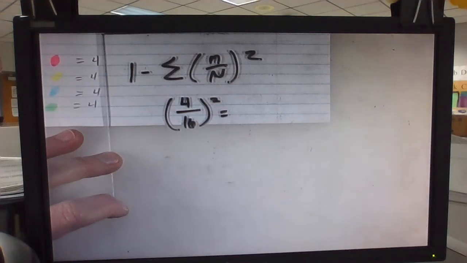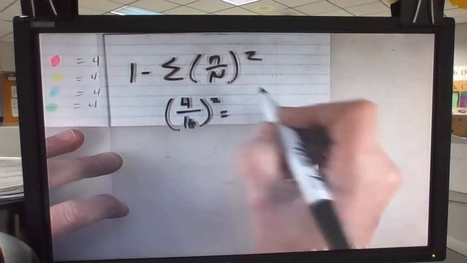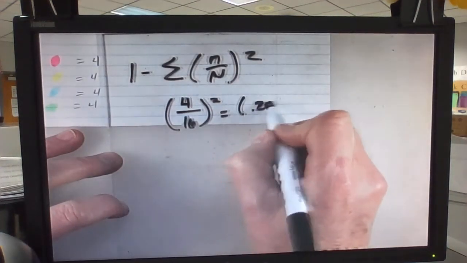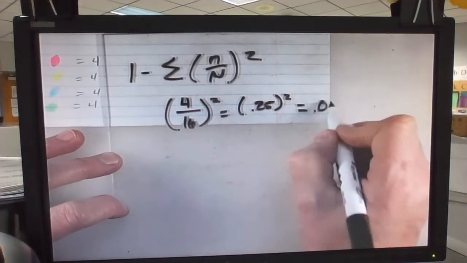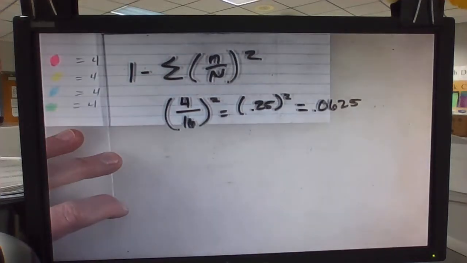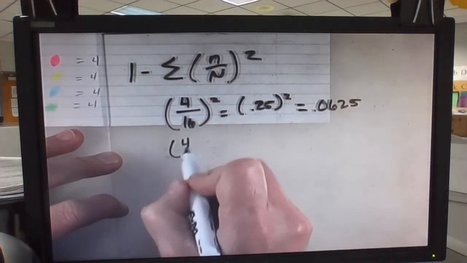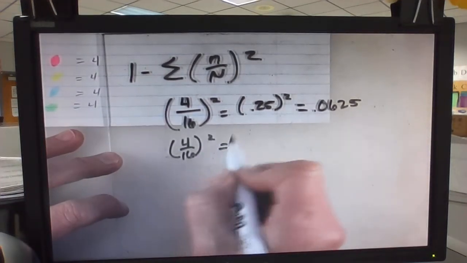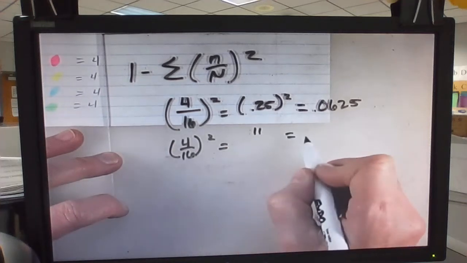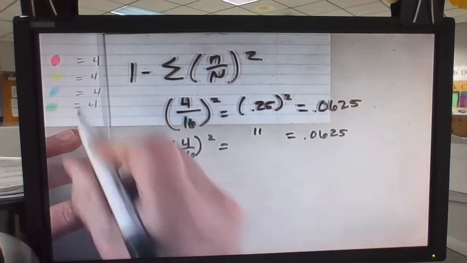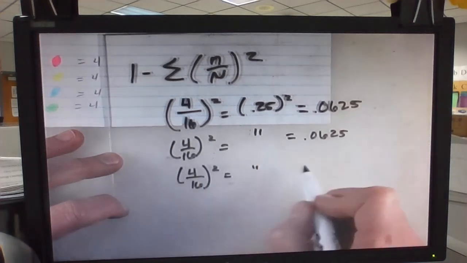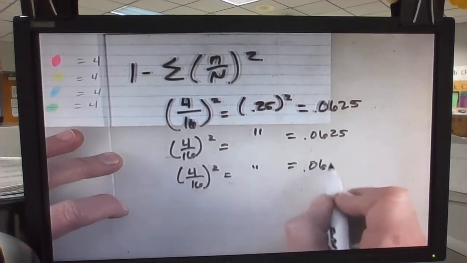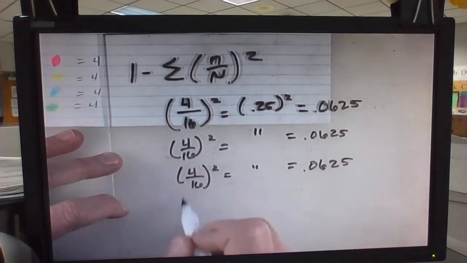4 divided by 16 gives me 0.25. Got to square that, and that's going to give me 0.0625. Yellow, there's 4. Same thing, 0.0625. Blue, there's 4. I'm going to get the same thing, 0.0625. Green, there's 4.